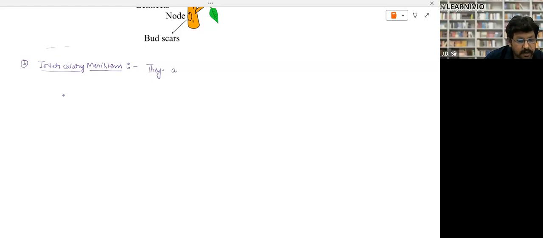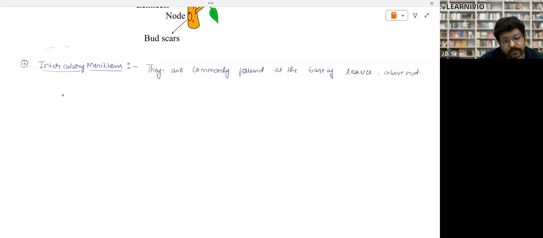Intercalary meristems are commonly found at the base of leaves, right? Base of leaf, above node, below node, full stop.